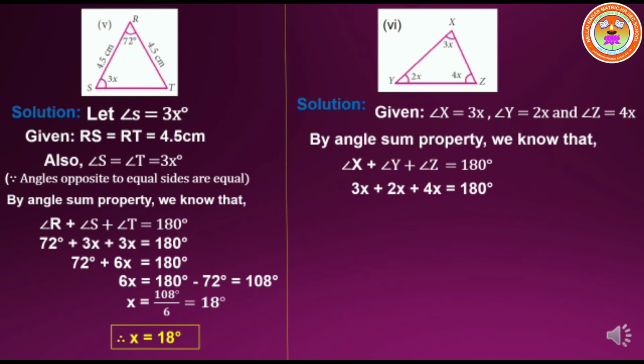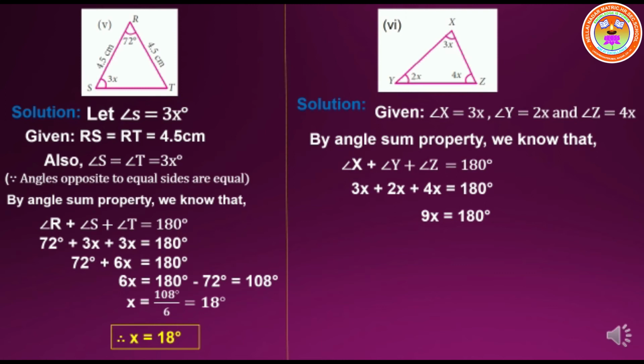Now, on my left hand side, I have all the values in terms of x. So, I am going to add all the values 3, 2, 4. So, adding 3x plus 2x plus 4x, I get the value as 9x, which is equal to 180 degrees.